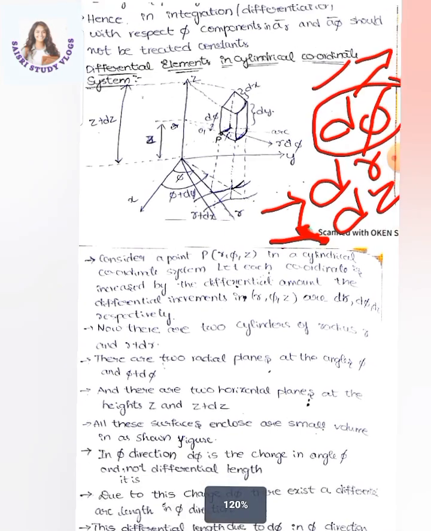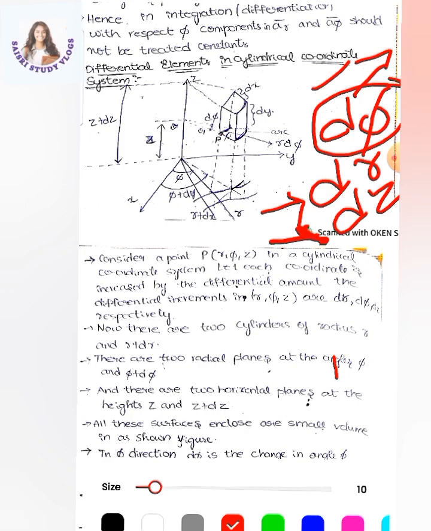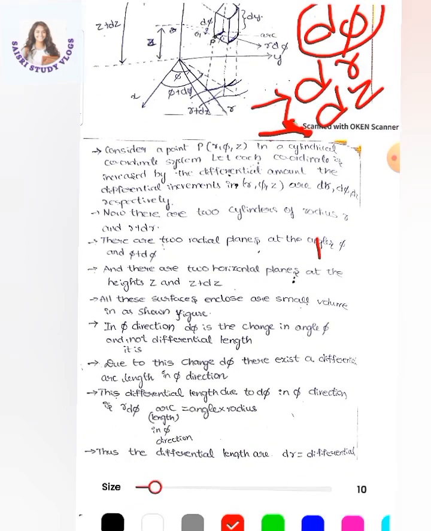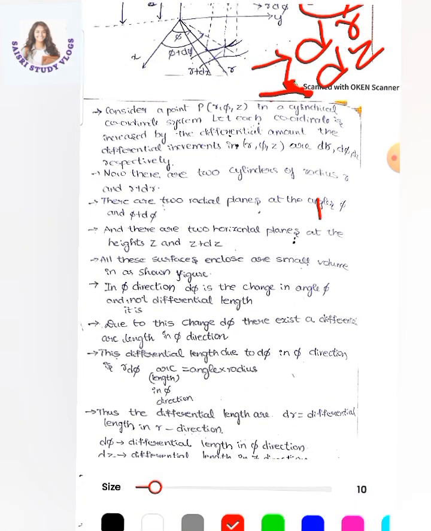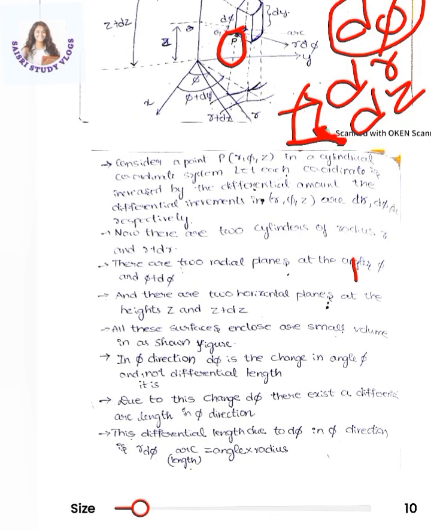If you see this animation, you can understand it better. Next, consider a point P in a cylindrical coordinate system, and let each coordinate be increased by a differential amount.